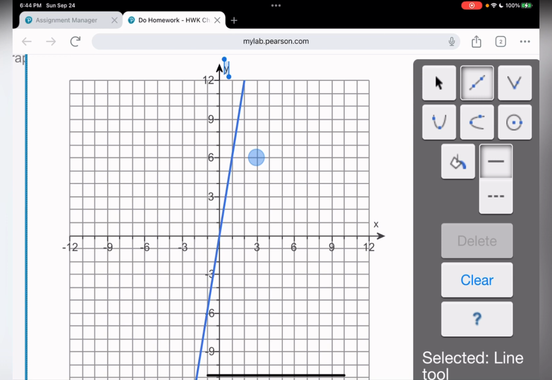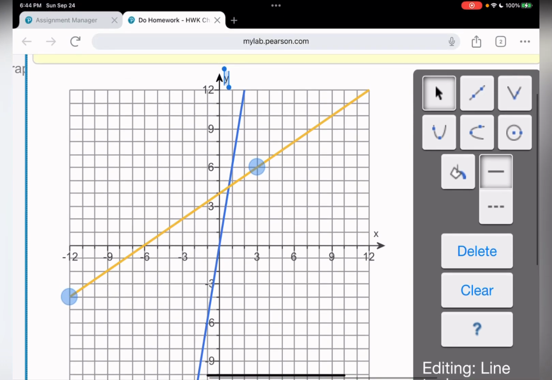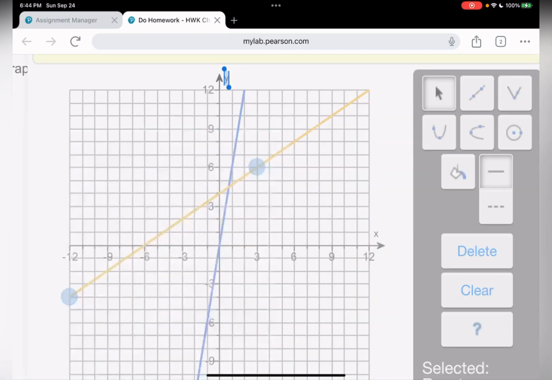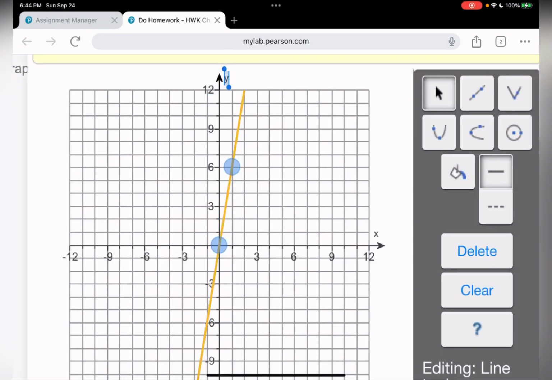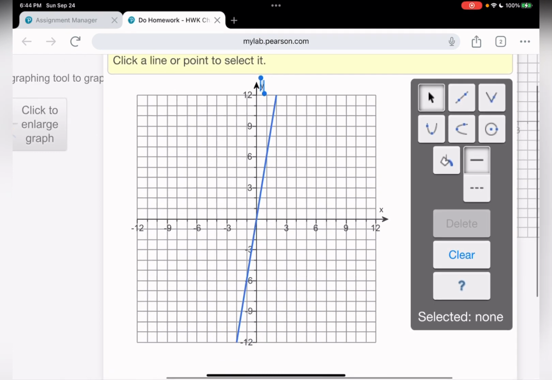X is 3, y is 6, right? No, I don't need this. All objects, no, I'm going to use delete. Deleting only the selected object. Clear cleans everything. So when I put 3, my y was 6, right? So let's figure it out.